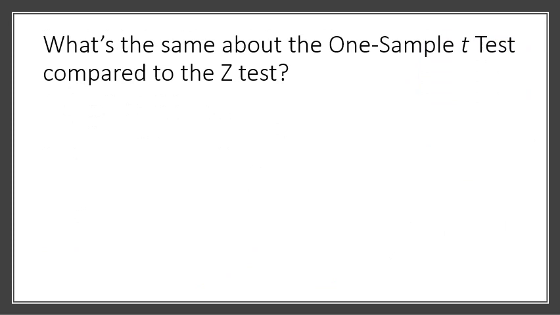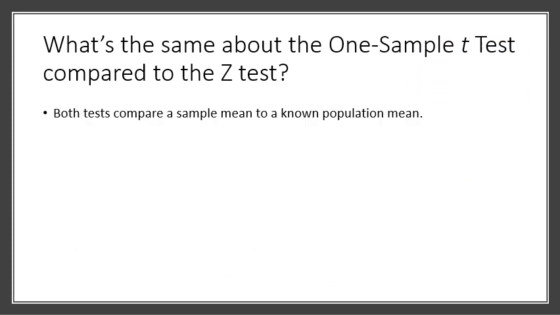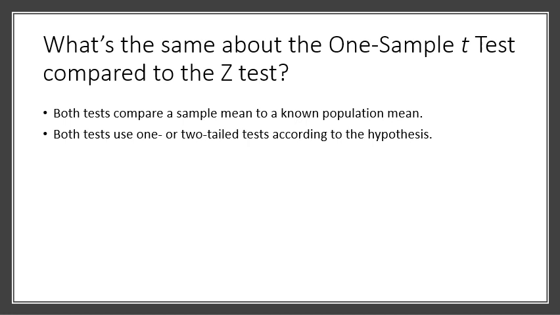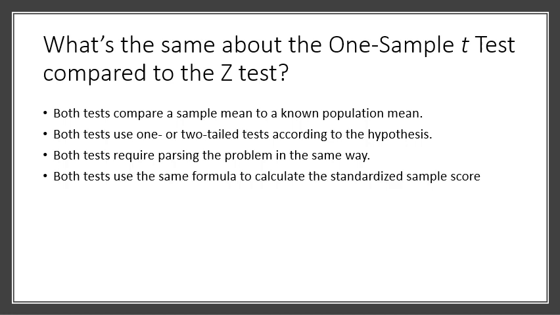So what's the same between a one-sample t-test compared to the z-test? Well, both tests compare a sample mean to a known population mean. Both tests use one or two-tailed tests according to the hypothesis. Both tests require parsing the problem in just the same way. Both tests use the same formula to calculate the standardized sample score.